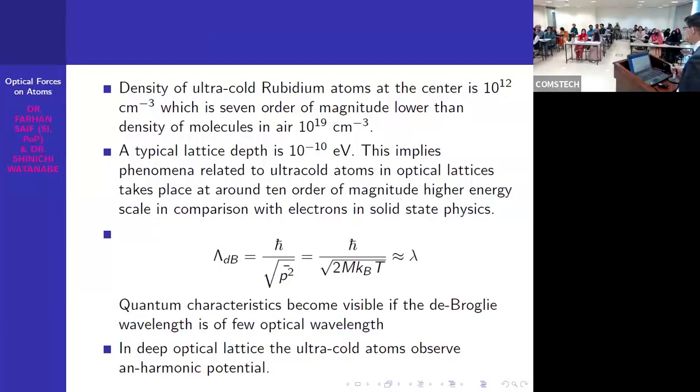Now this density is far smaller than the density of molecules in the air. So in air, for example, we have a density of 10 raised to the 19 per cubic centimeter.